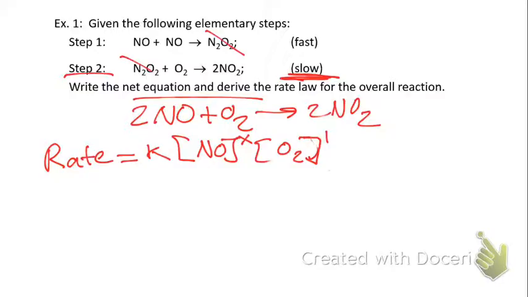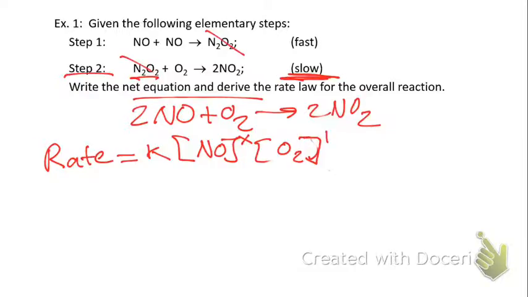The hard thing now is that NO, which is also a reactant, is not in my rate determining step. But N2O2 is, and N2O2 is not a reactant.